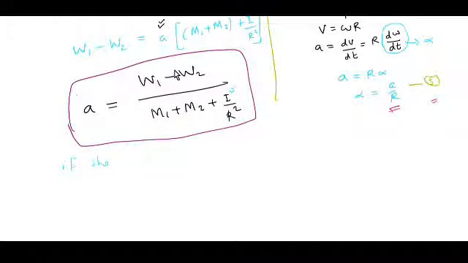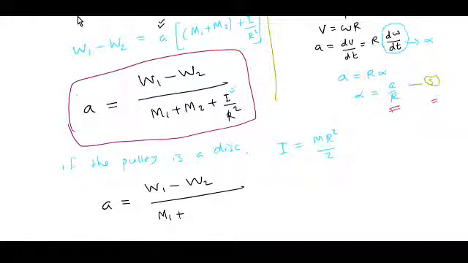That is, if the pulley is a disk, take I is equal to mr square by 2 and substitute in the above expression, you will get W1 minus W2 divided by m1 plus m2 plus, instead of I substitute mr square by 2, denominator one more r square, got to cancel, and let us denote the pulley's mass by mp. Therefore, here also we can write mp.